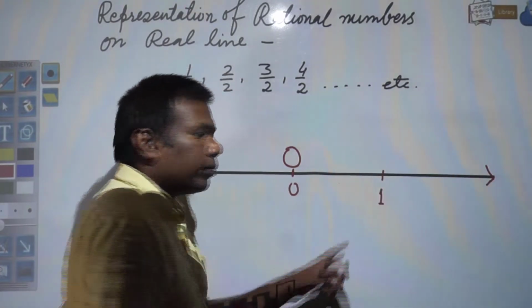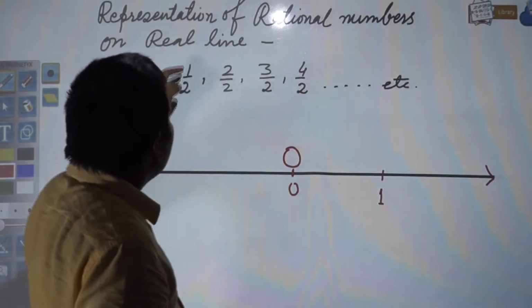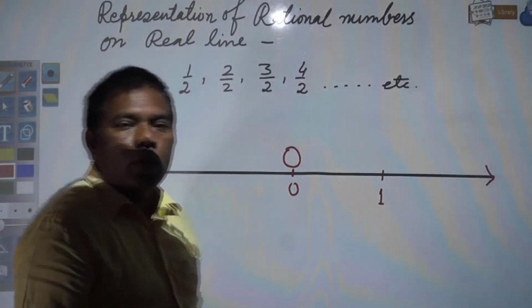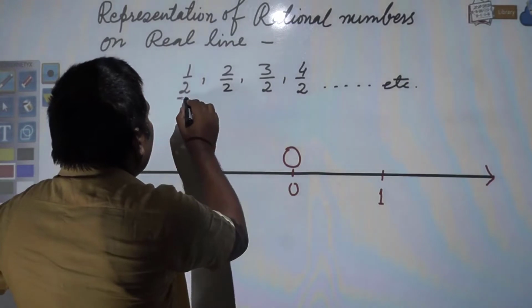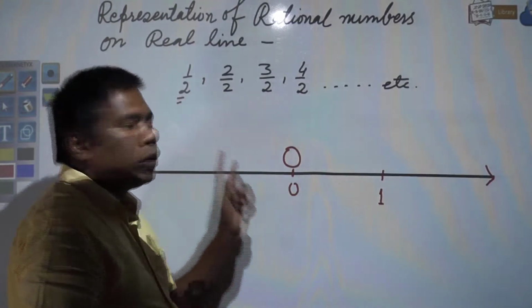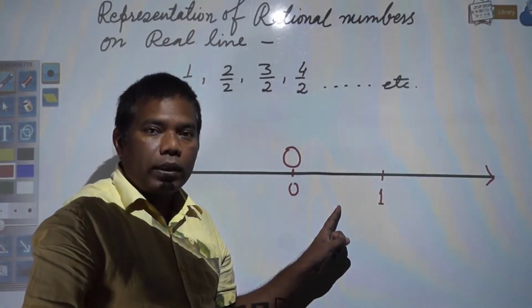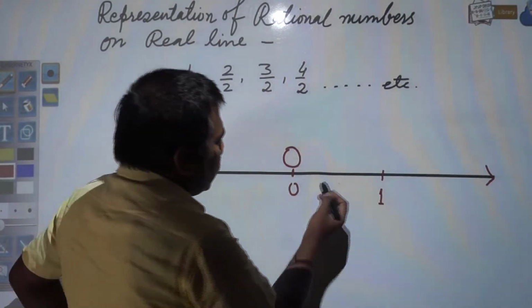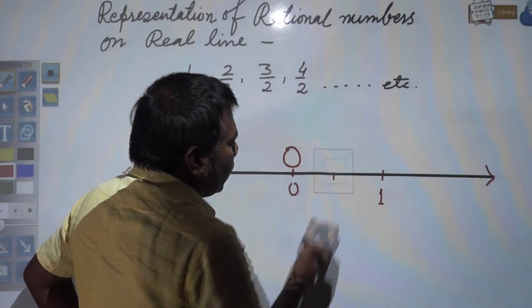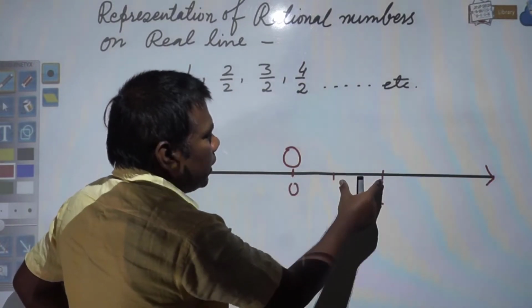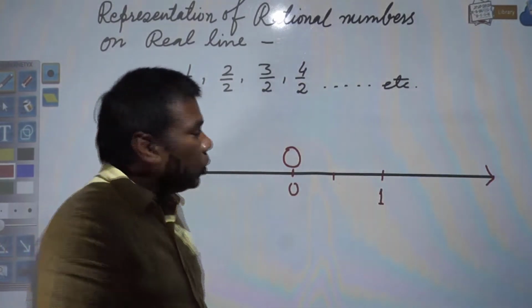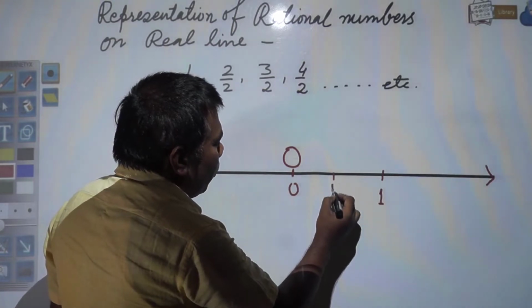Now you need to show 1 by 2. Just see your denominator. The denominator is 2. It means this 1 unit is required to be divided into 2 equal parts. So divide this into 2 equal parts. This is the first part and this is the second part. So this point will be 1 by 2.